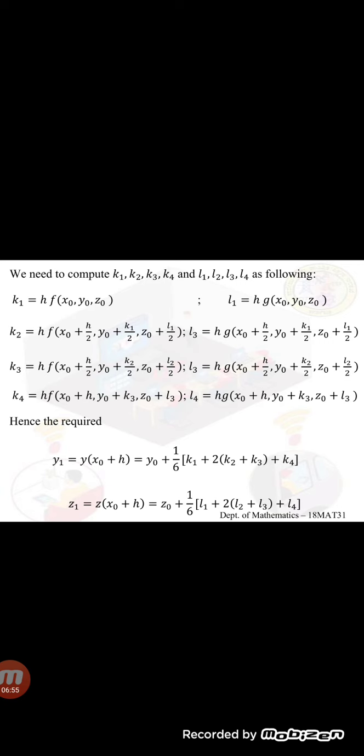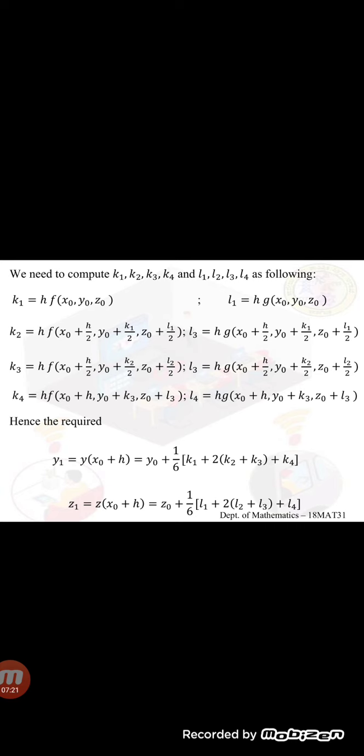So when you observe these formulas, as I said, the points will be the same and the previous value will be used in the successive value to compute the next value. Hence the required solution, that is y1, that is y of x0 plus h, will be y0 plus 1 by 6 into k1 plus 2 times k2 plus k3 plus k4.